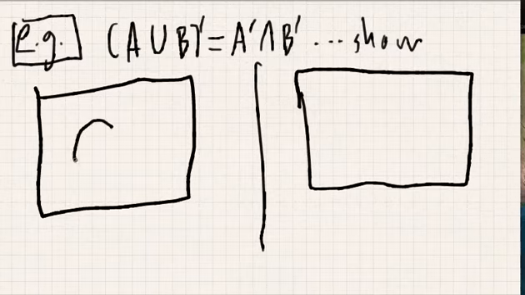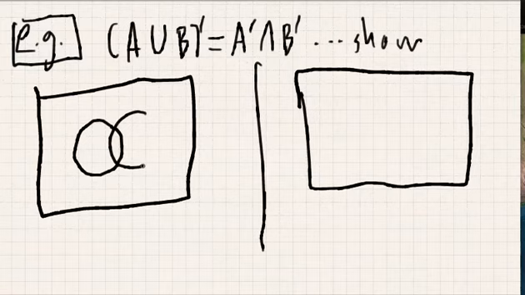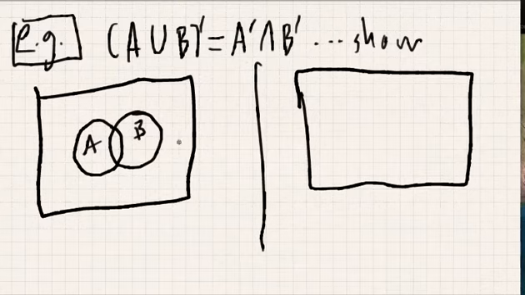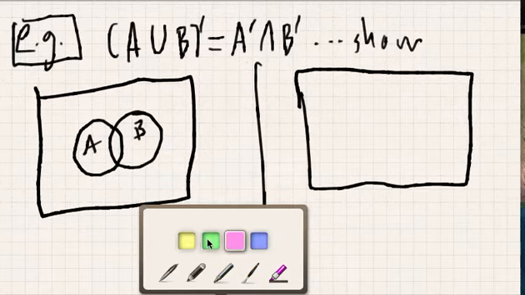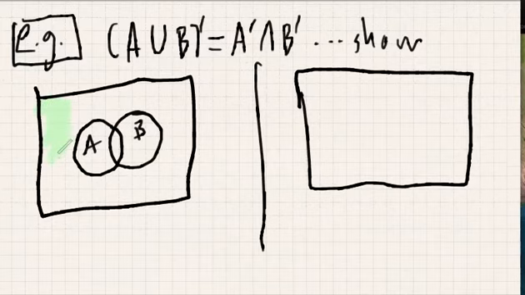Okay, so here's Venn diagram number 1, and here's Venn diagram number 2. So A union B, we already know what A union B looks like. It's everything inside of this sort of MasterCard logo. A union B is everything inside of here. So if I take the complement, everything that is outside of A union B, it'll look like this.